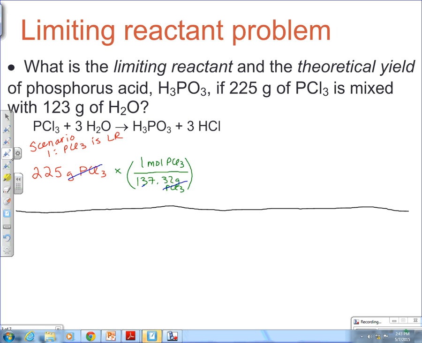Next step is to use our mole ratio from the balanced equation. If we take a look at that mole ratio, we want to know about phosphorus acid. So that will be in our numerator. And the coefficient for phosphorus acid is 1. Now for every 1 mole of H3PO3 that forms, we would need to input 1 mole of PCl3.